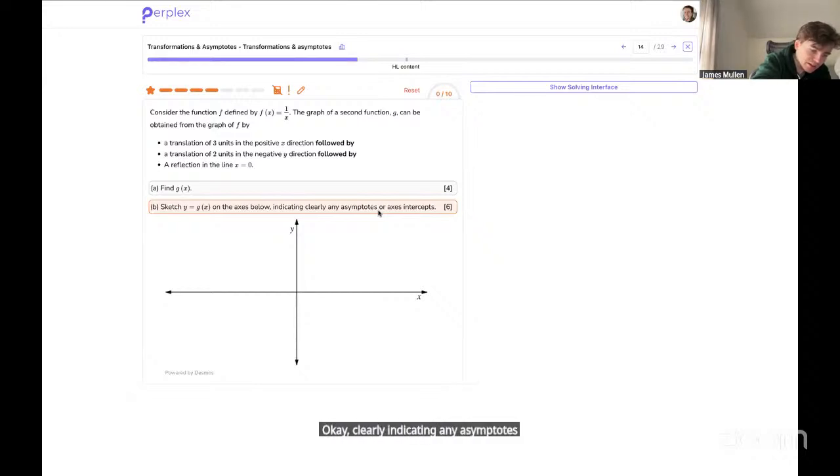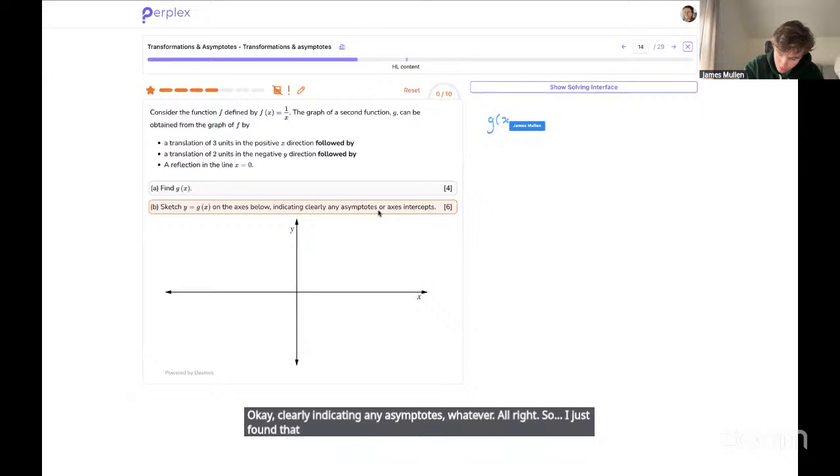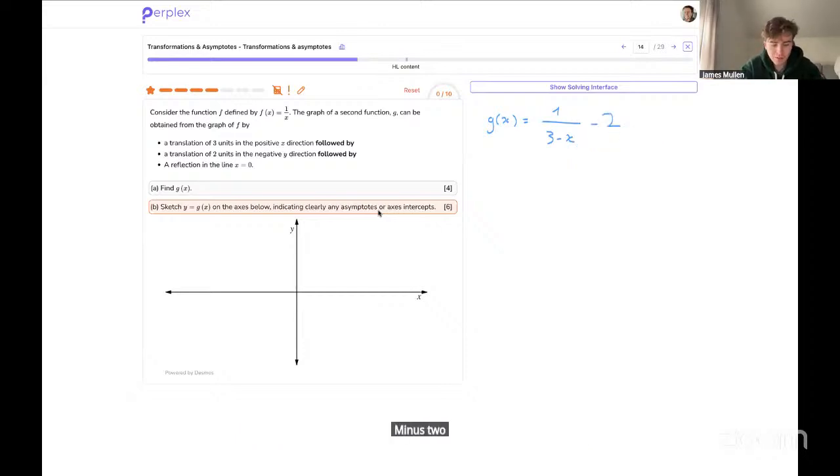All right. So I just found that g of x was equal to 1 over 3 minus x minus 2. Just give me 1 second here to fix an issue.